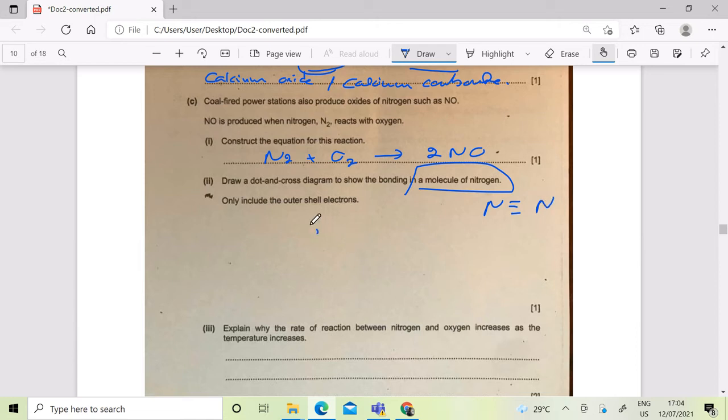So you have one atom and the other, using dots for one nitrogen and crosses for the other. And don't forget, nitrogen is group 5, therefore you have 5 electrons in the outer shell. So now you have the nitrogen molecule. That is enough for the 1 mark.